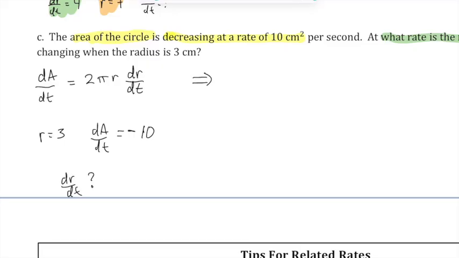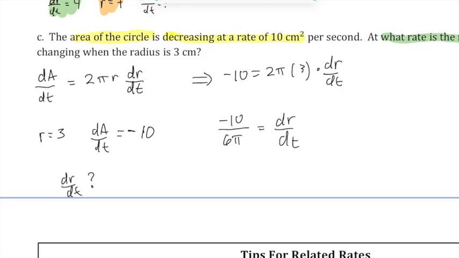So plugging in all the values, we have negative 10 equals 2 times pi times 3, times dr/dt, which is what we were trying to find. And then all we have to do is divide out the 2 pi times 3 on each side. And 2 pi times 3 is 6 pi. So there is our answer.